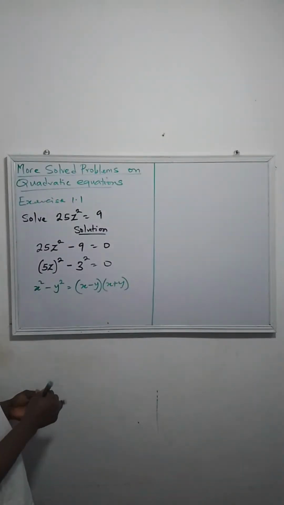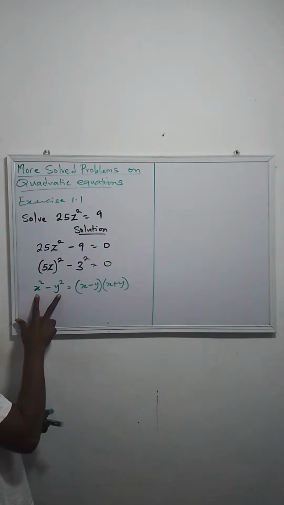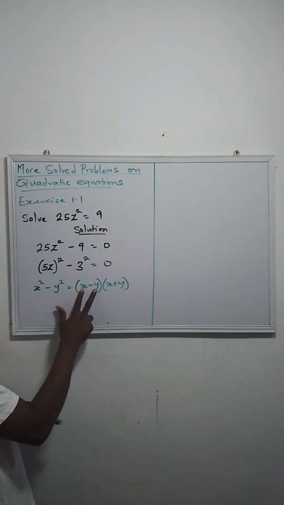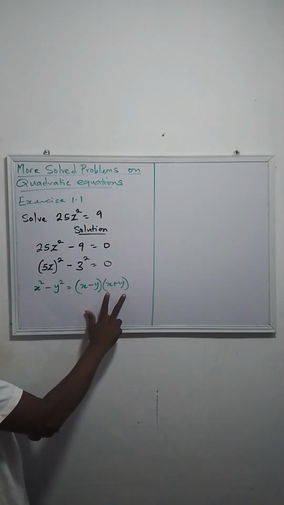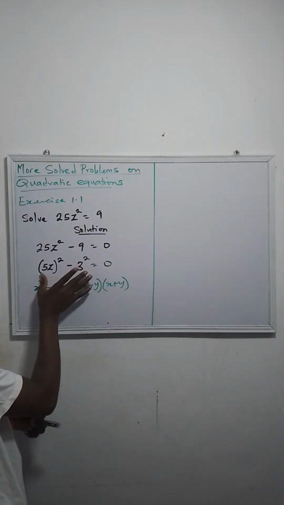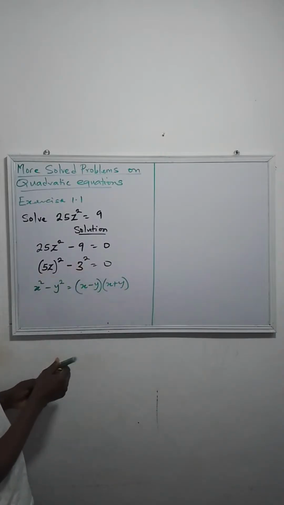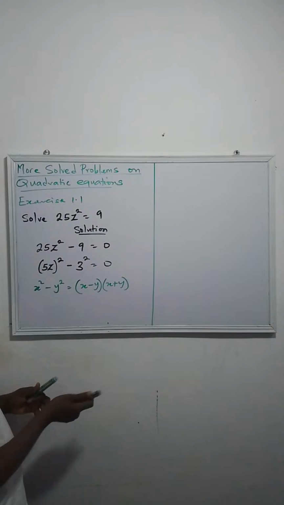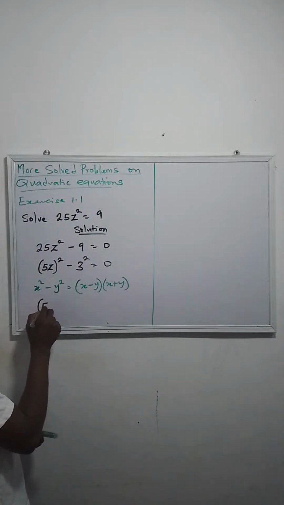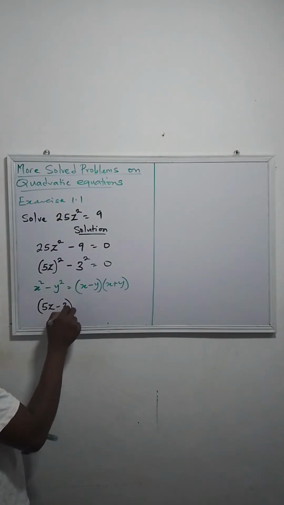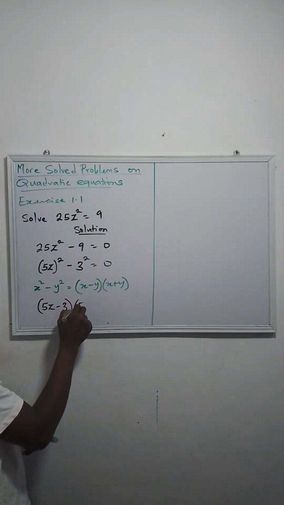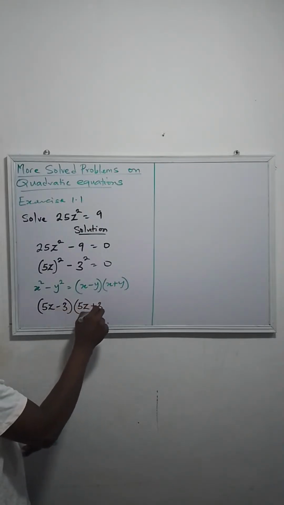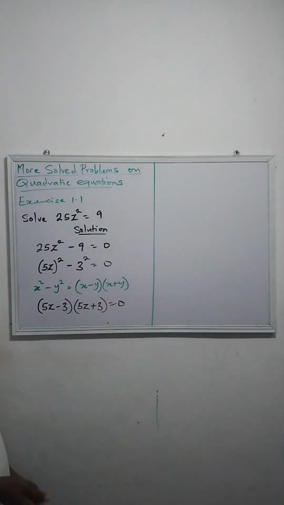Just subtract the two bases from each other and also add them together, put them in brackets. So we are doing the same thing here. So we have 5z minus 3 times 5z plus 3 equals 0.